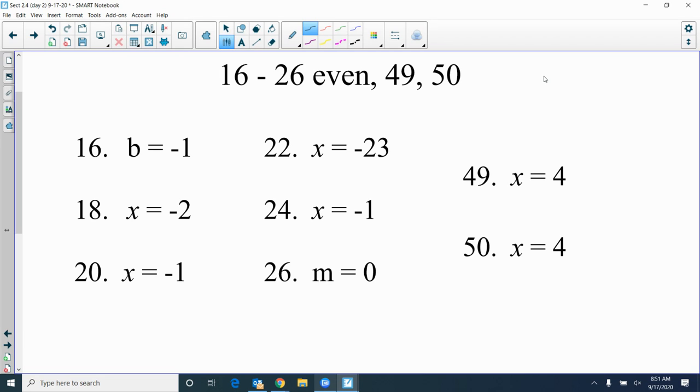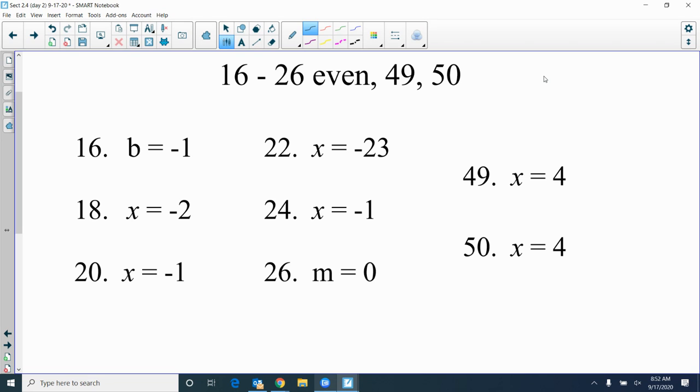Okay, so that's your final answer. Now, there's a lot of work to get to there. B equals -1, x equals -2, x equals -1. Now, those of you who are allowed to skip 2, 3, 1, whatever, remember, it cannot be anything in a row. You cannot skip 18, 20, 22. You have to skip one at a time.